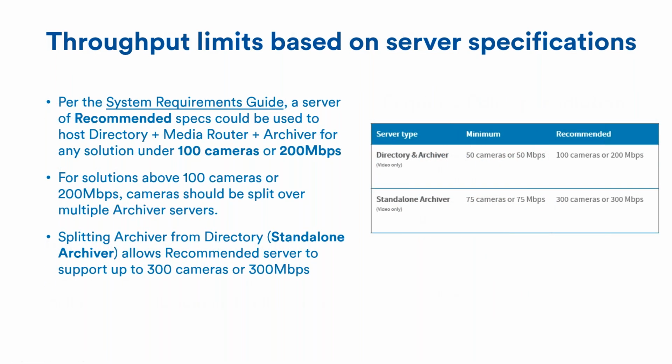Hopefully you understood the server specification from the system requirements doc, and the fact that not only do the server specifications determine how many cameras and how much throughput are supported, but also what's running on the server. So is it going to be a standalone archiver, or is the archiver going to be running on a server also hosting the directory?